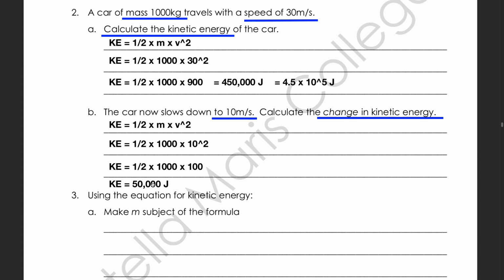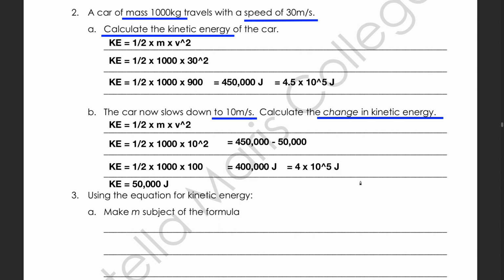But that is not all. Like I said, we have to subtract 50,000 from 450,000 joules to find our final answer. 450,000 minus 50,000 will give us 400,000 joules, or 4 times 10 to the power of 5 joules.